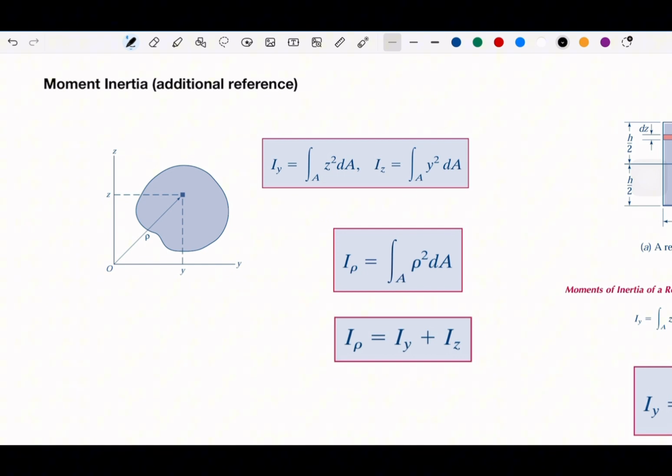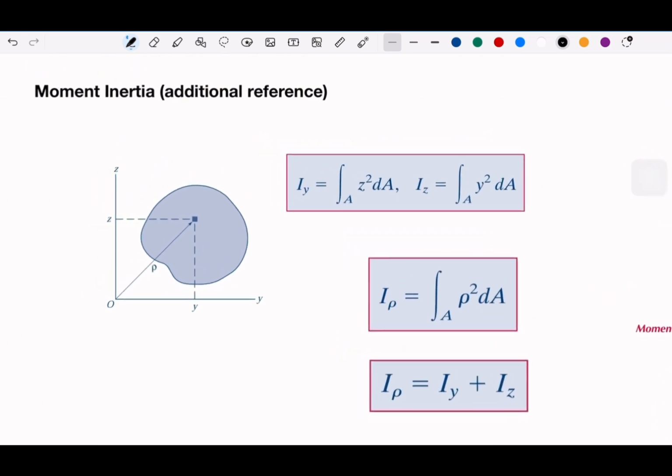Okay, so I'm not sure whether you still remember the inertia or not. This is what we call the moment of inertia with respect to the y-axis, and this part here is the same but with respect to the z-axis.